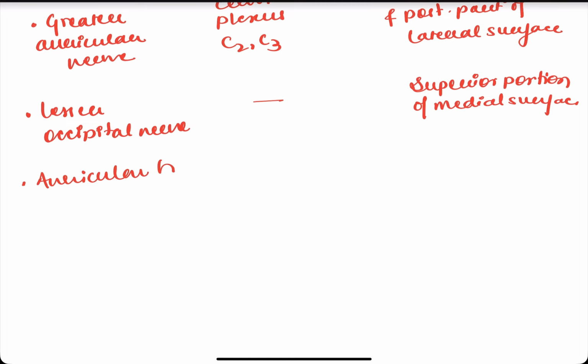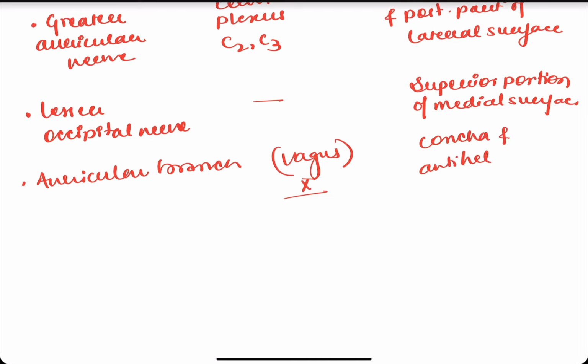The auricular branch, a branch of the vagus nerve, the 10th nerve, supplies the concha and antihelix and some part of the medial surface.